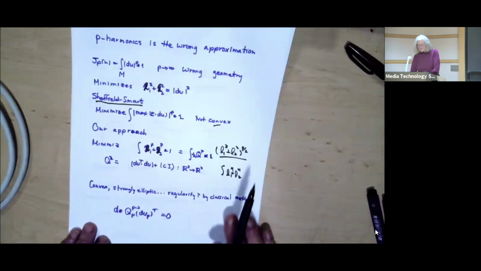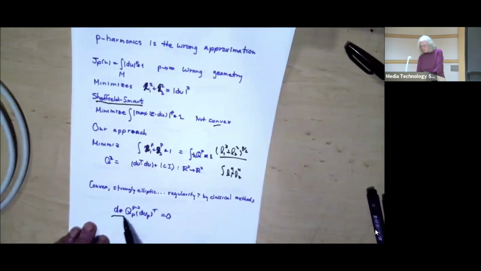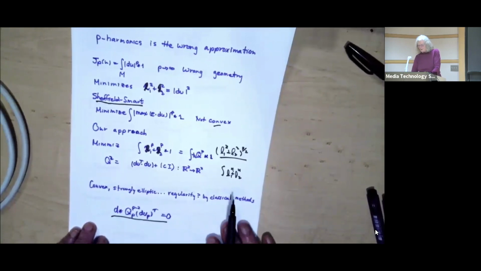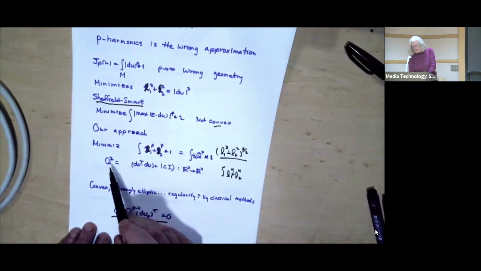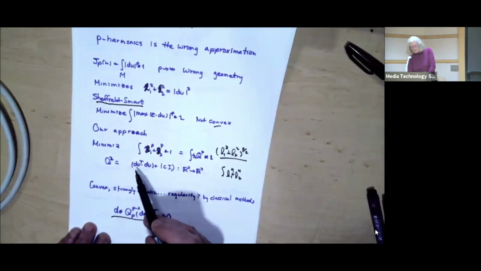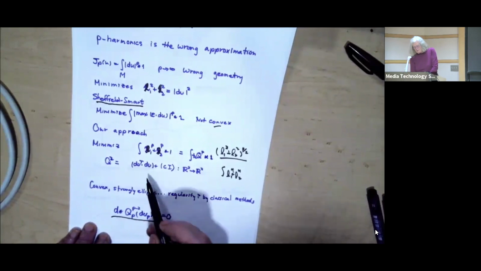And I think the classical Euler-Lagrange equation looks something like this. Here, you define a Q. You need to draw a little picture about where these things go.